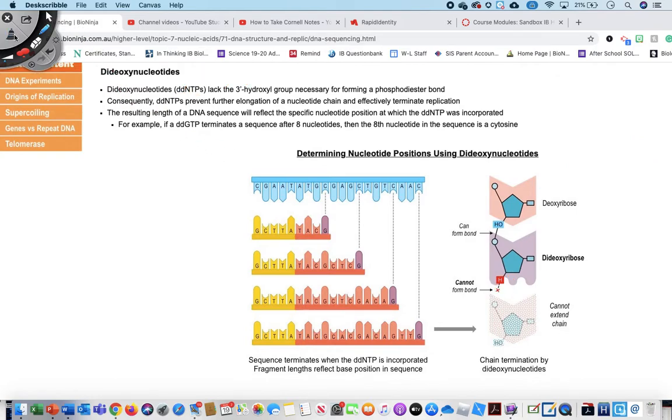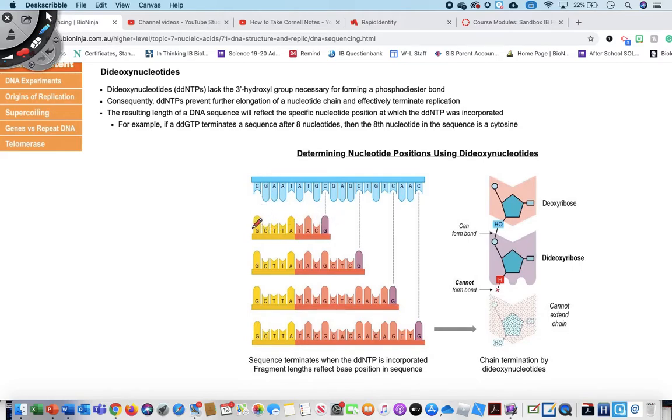So how are they used? Let's look at a picture. Let's say we have a DNA sequence that looks like this, and we're trying to find out what the actual sequence of bases is. What we're going to do is add different ddNTPs that are going to prevent the elongation of the DNA that is getting copied.